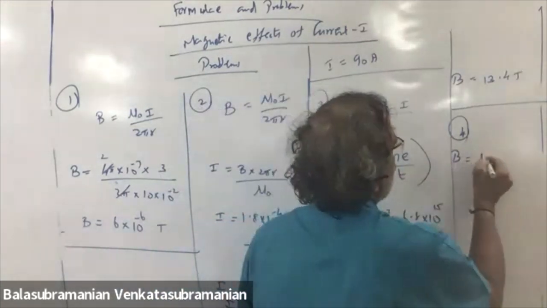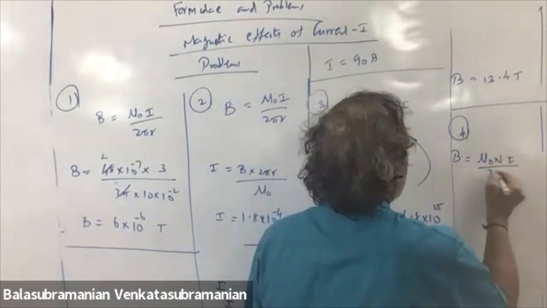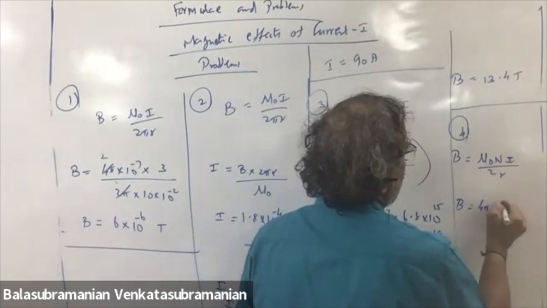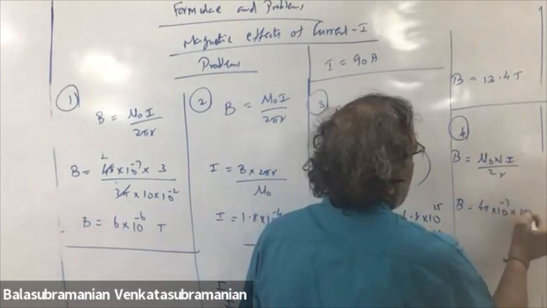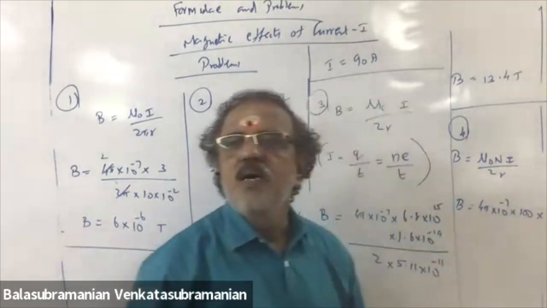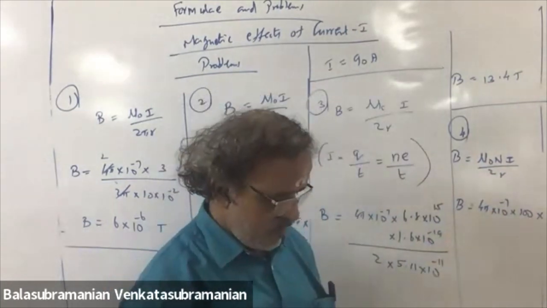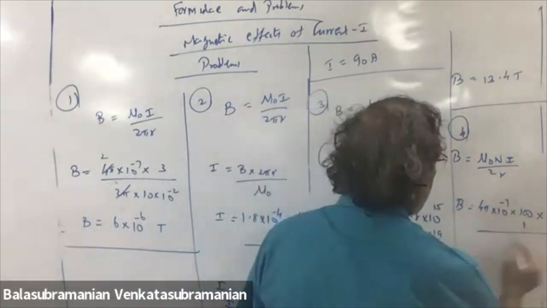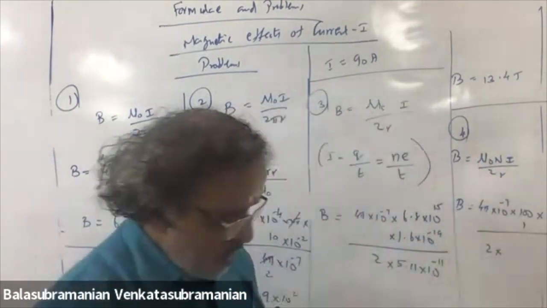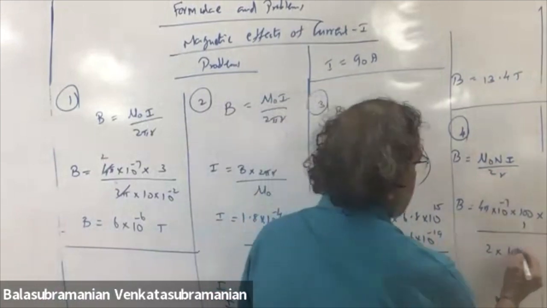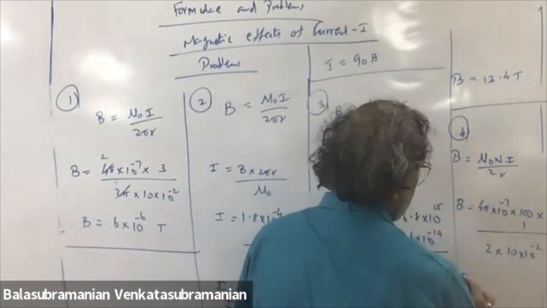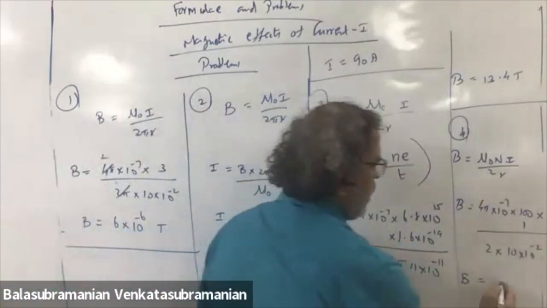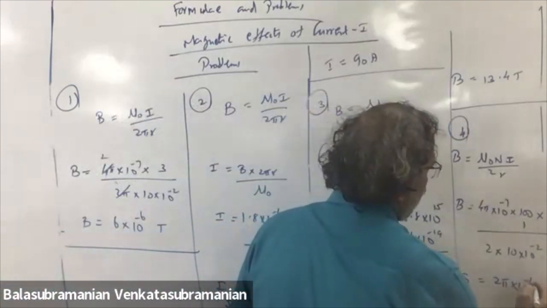B is equal to mu naught N I by 2R. 4 pi into 10 power minus 7, 100 turns into current 1 ampere divided by 2 into radius, which is 10 centimeter, 10 into 10 power minus 2. Calculate, you are getting 2 pi into 10 power minus 4 Tesla.